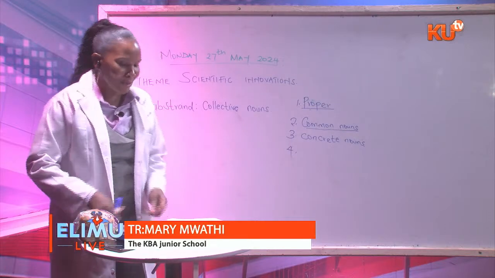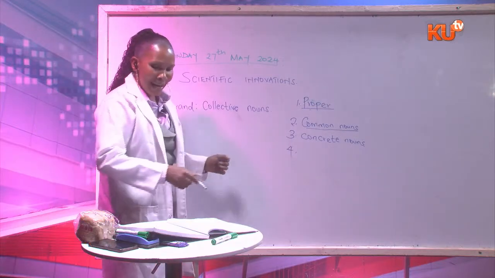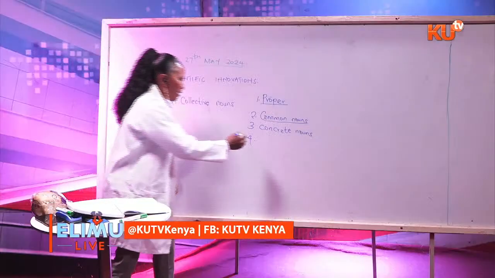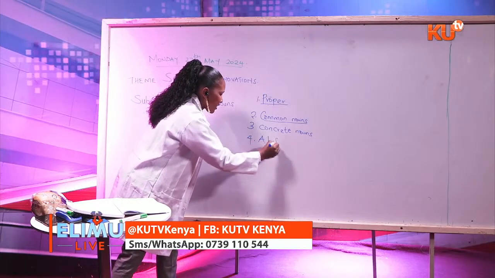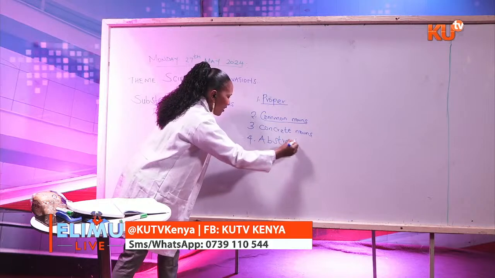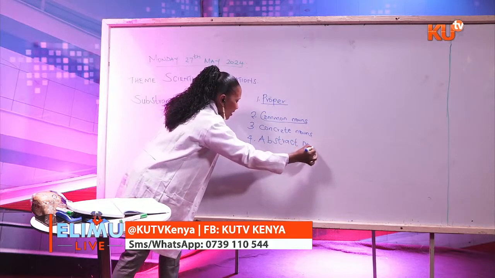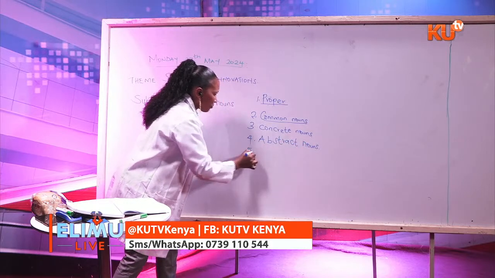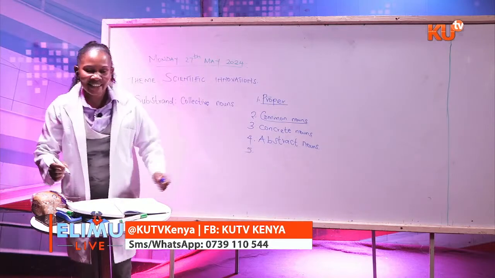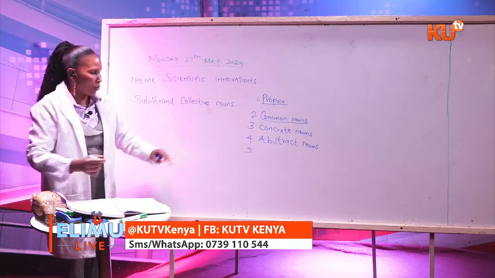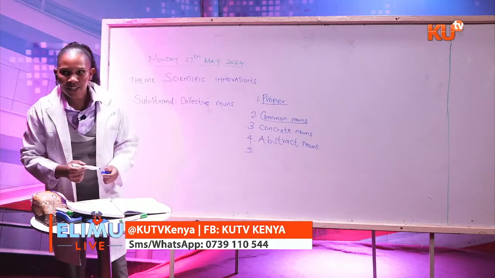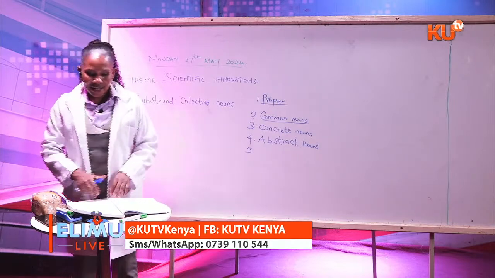Abstract nouns. Let's write first abstract nouns. We are just highlighting the nouns that we know so that we can go back to our topic, collective nouns.